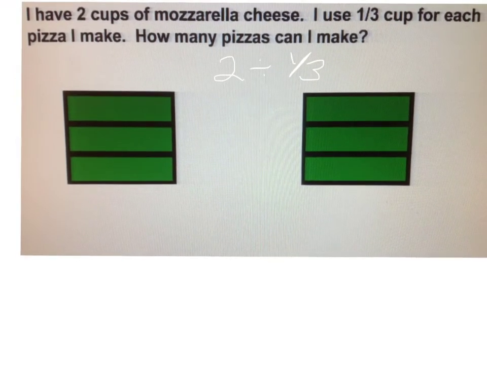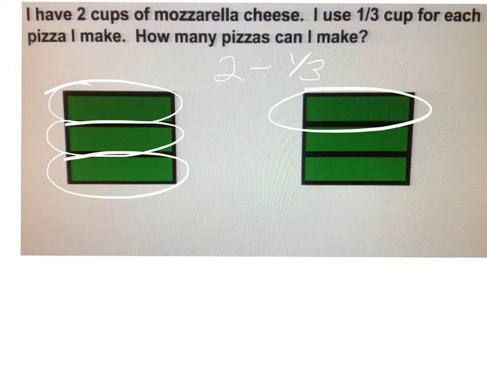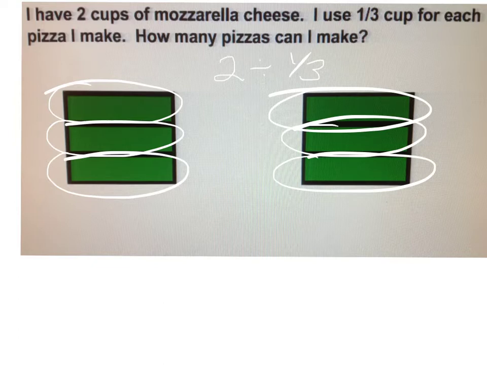Oops, sorry about that. So you can see that I've got 1, 2, 3, 4, 5, 6. I was able to make 6 groups of 1/3 each. So 2 divided by 1/3 equals 6. I can get 6 groups of 1/3 each.